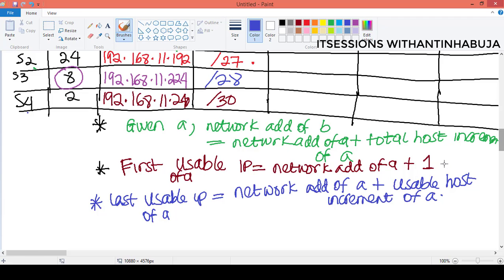And how you know your increment, of course, you have to make use of your prefix length.